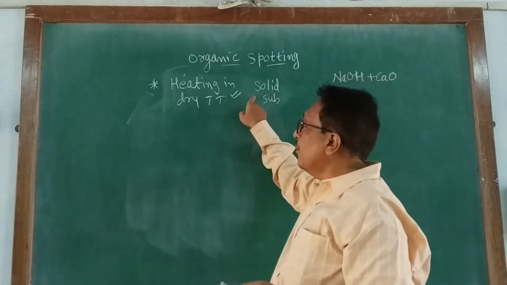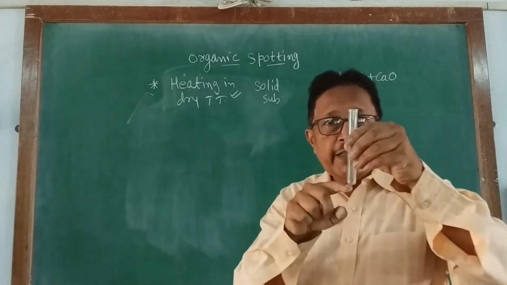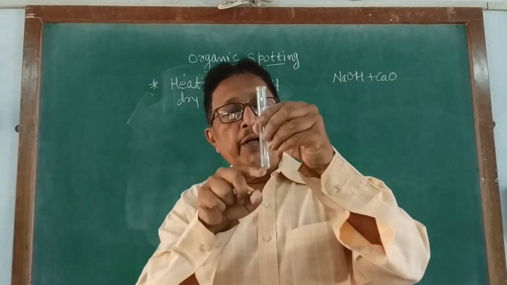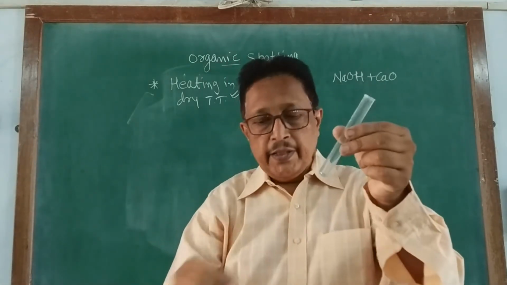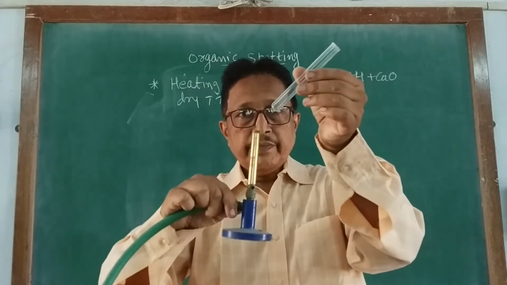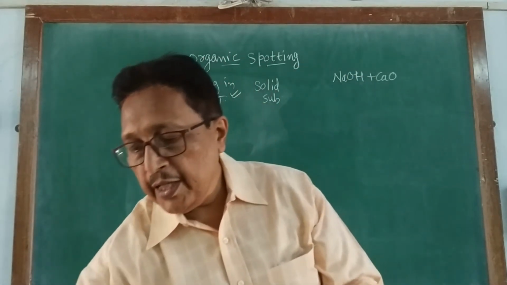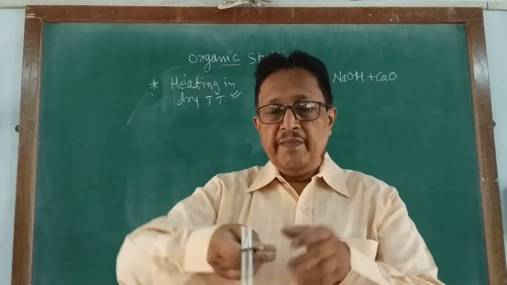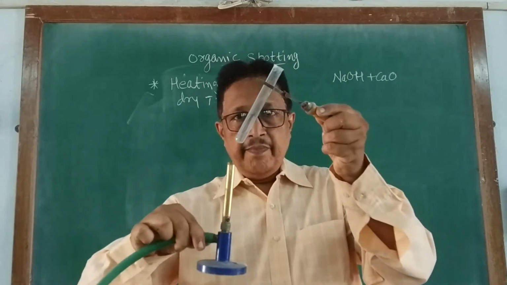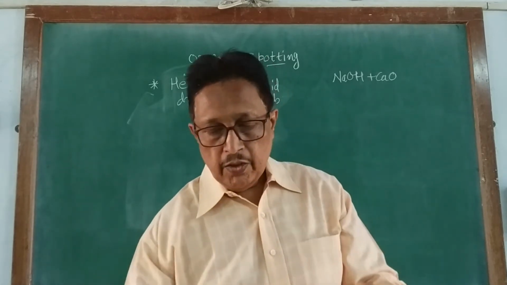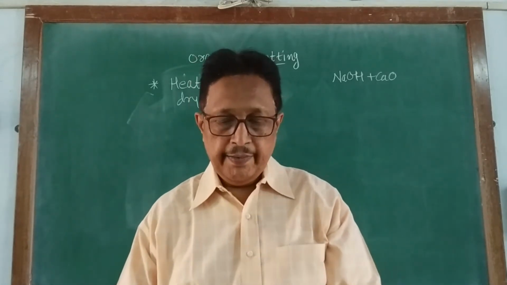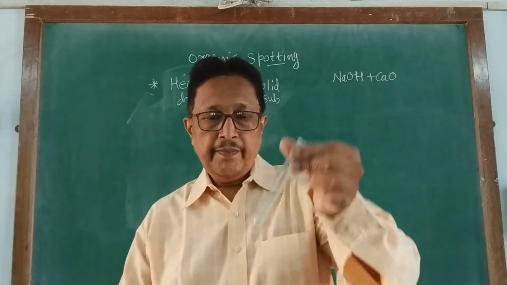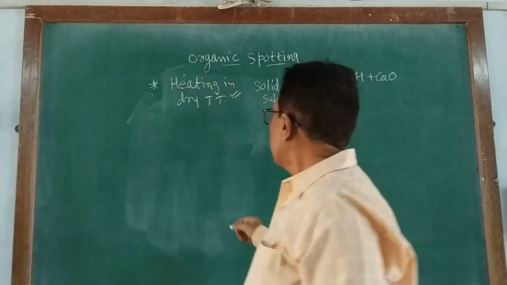So when you are going for heating in a dry test tube, take the substance in the test tube according to this curve and heat it on a burner. But hold this test tube with the test tube holder. Okay? Don't hold it in your hand like this.